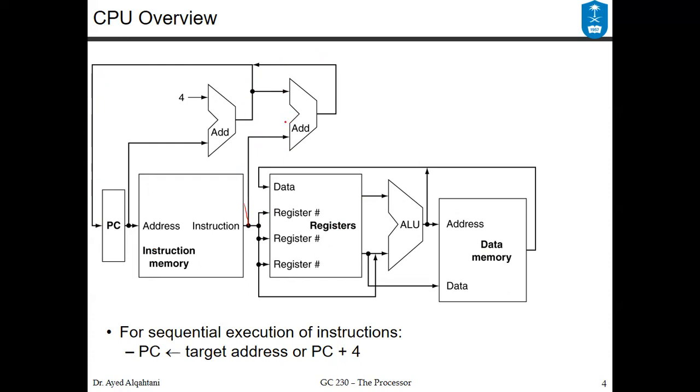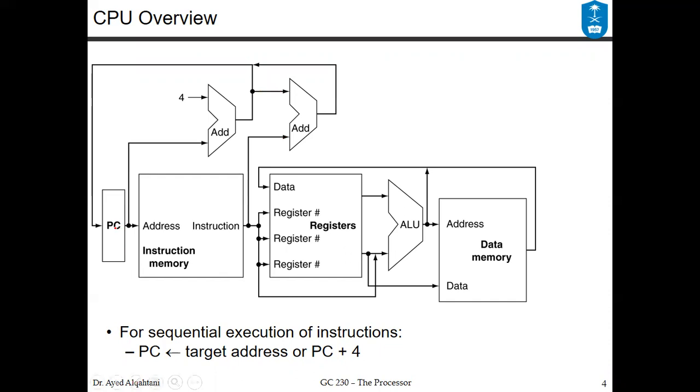So if the instruction is a branch, you get the PC plus 4, and you supply it with the offset or the immediate value from the instruction, and you add the PC plus 4 plus the immediate value to get the target address where you should store it in the program counter, meaning you have the label inside the program counter to point to the location that you want to jump or branch to.